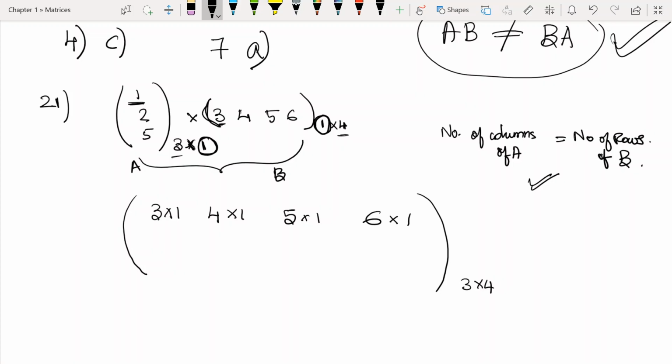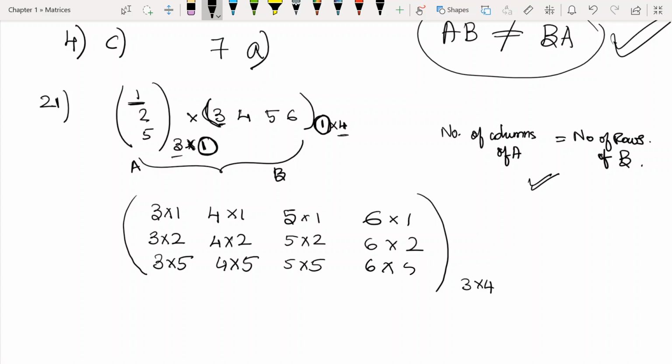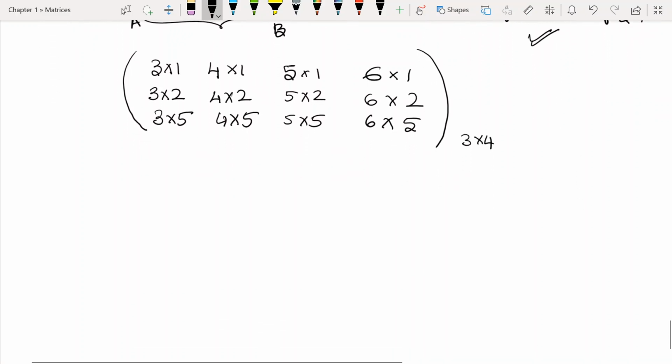Now next will be 3 into 2, 4 into 2, 5 into 2, 6 into 2. The next one would be 3 into 5, 4 into 5, 5 into 5 and 6 into 5. That's all. Okay. Now what would be the answer?